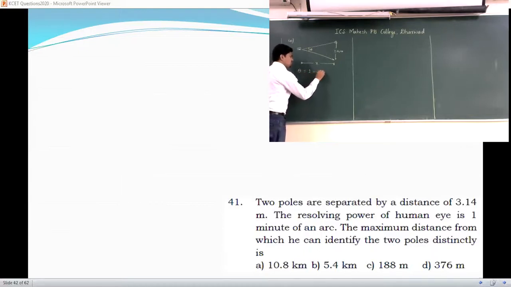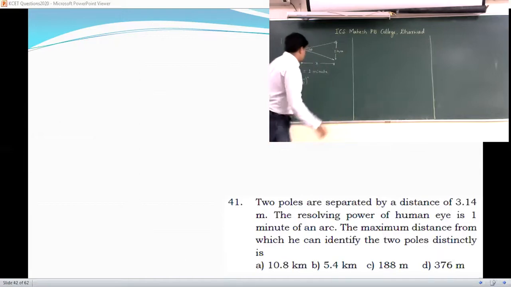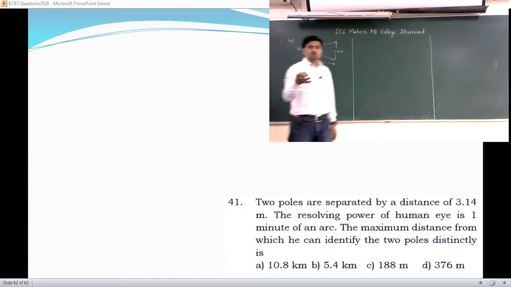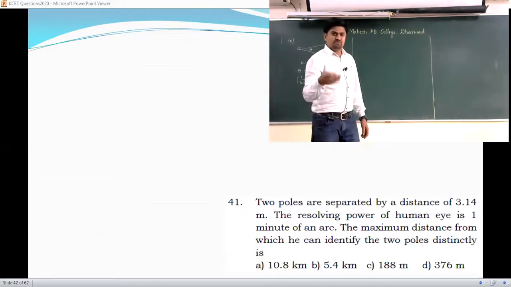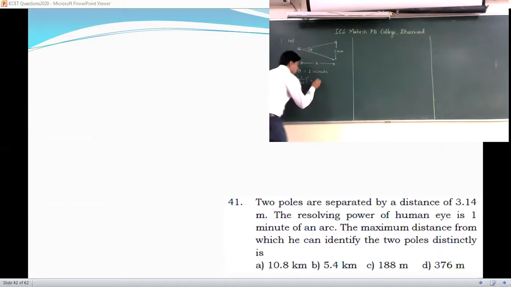I can write 1 minute as 1 by 60 degree. If I convert this 1 by 60 degree into radian, I can write it as 1 by 60 into pi by 180.